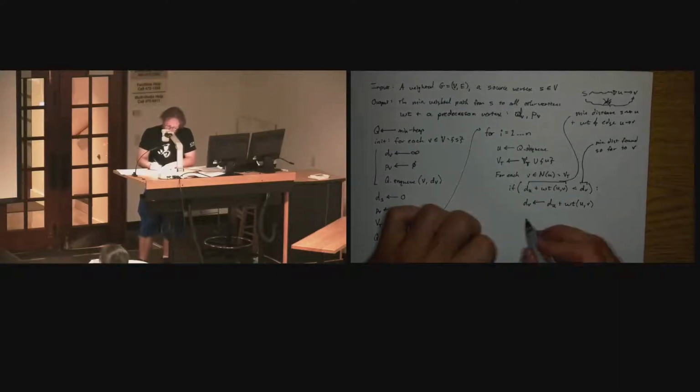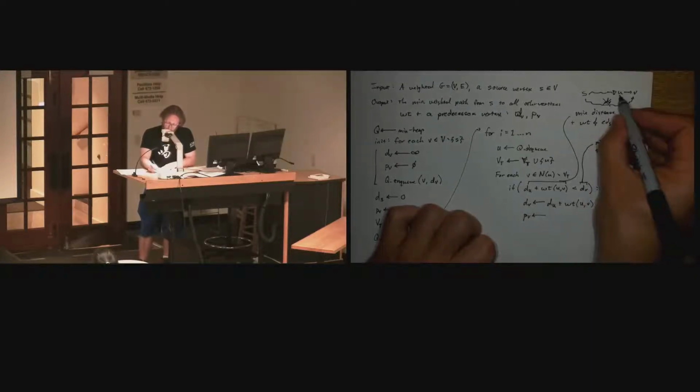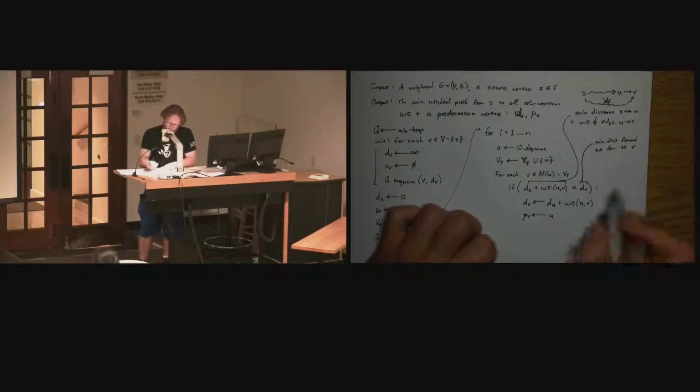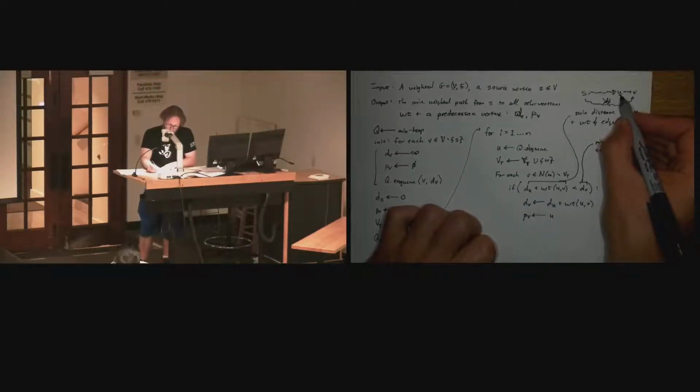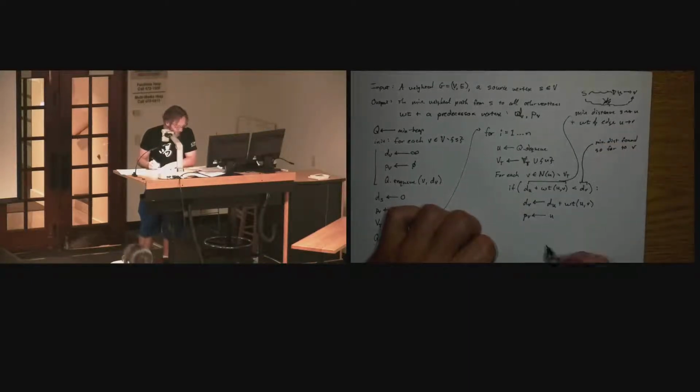Then you need to update the predecessor vertex to be, well, how did you get there? I got there from u. Right? How did you get to v? The predecessor here is u. And then you need to update the priority. Q dot decrease priority to of v d sub v.